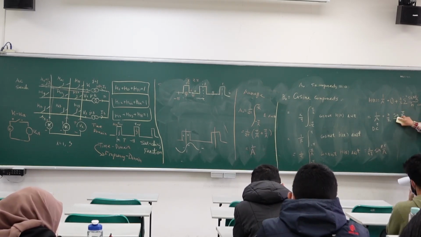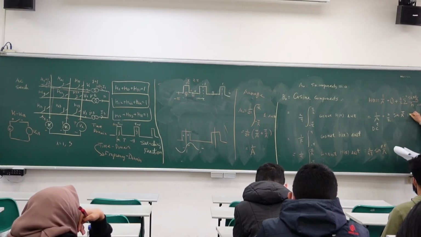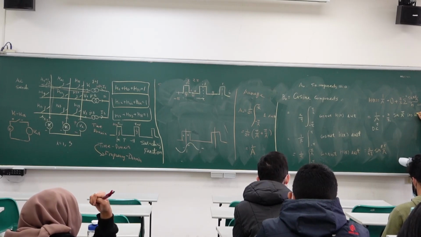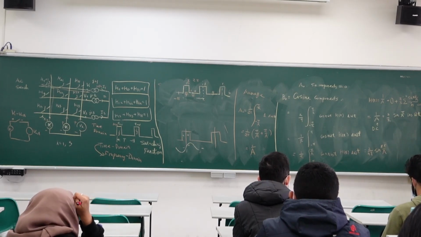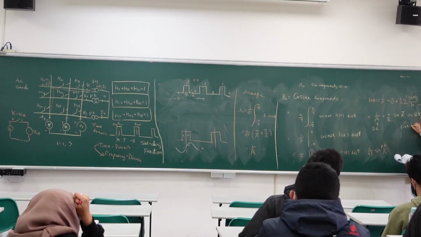So divided by 1 means nothing. Then cosine n equal to 1 omega t. So what is this? This is fourth harmonics. So we call this fourth harmonics.